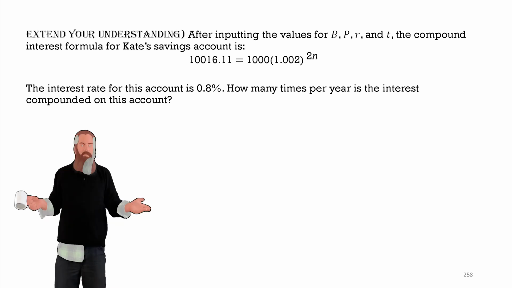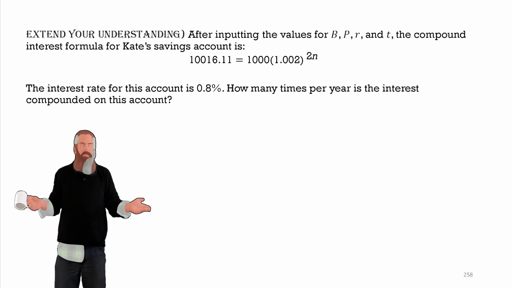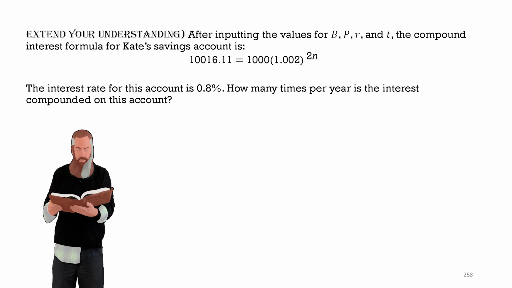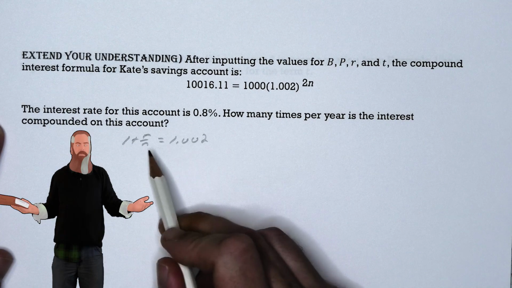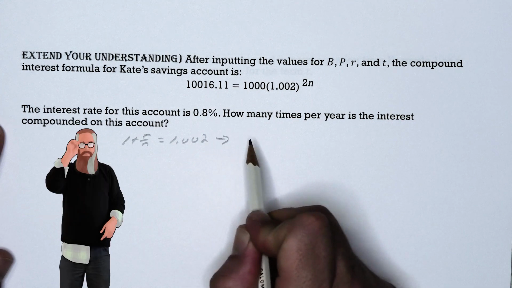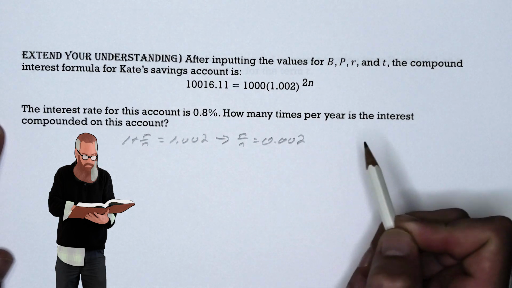Let's extend our understanding of this. After inputting the values B, P, R, and T, the compound interest formula for Kate's savings account is shown on the screen. The interest rate for the account is 0.8%. How many times per year is the interest compounded on this account? Well, 1 plus r over n is 1.002, which means that r over n is 0.002.